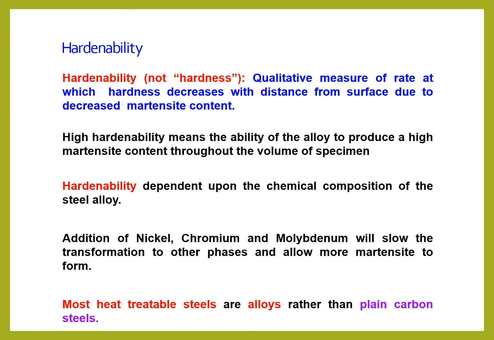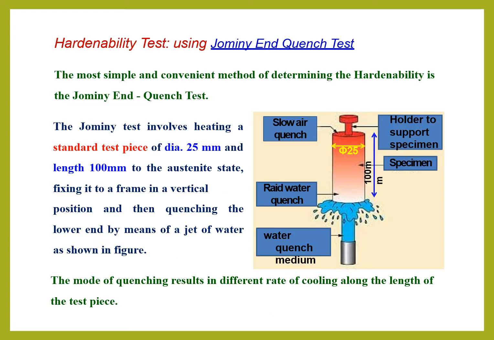So we have to find how the hardness value varies from one end to another end. For this we use the Jominy End Quench test. By using this test, we can find the hardenability of a steel.